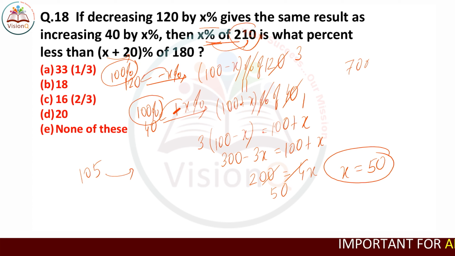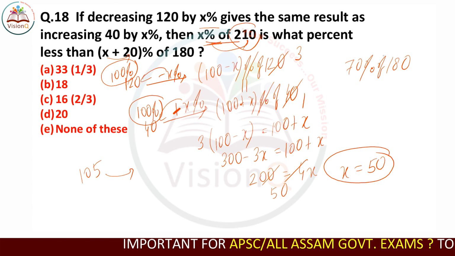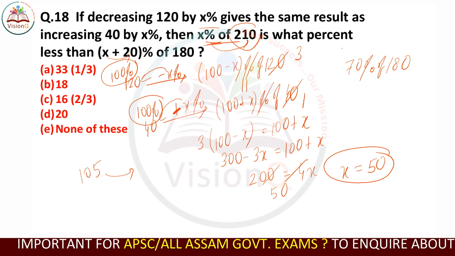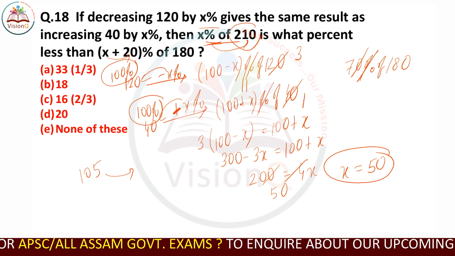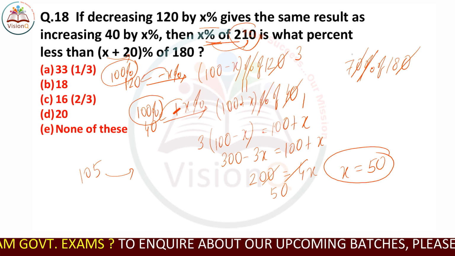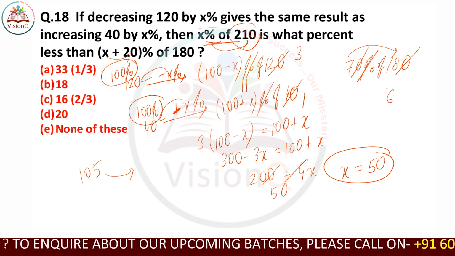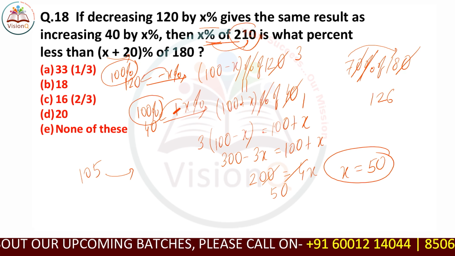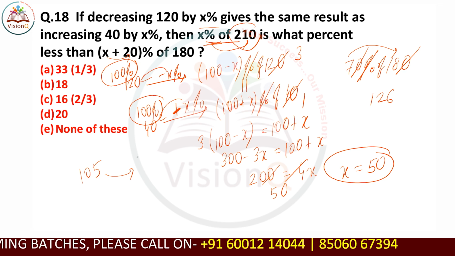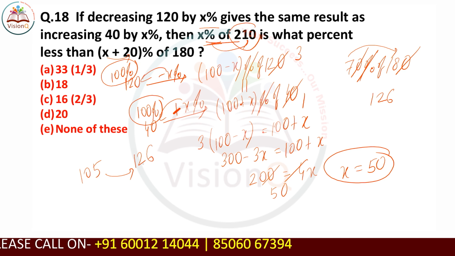With percentage, we know it means divide by 100, so two zeros always get cancelled out. So 8 into 17 is 126. So 105 is what percent less than 126?